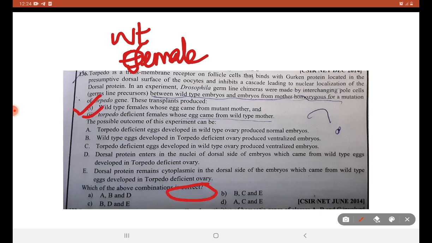First statement: Torpedo deficient eggs develop in the wild type ovary and produce normal embryos. Correct. Wild type eggs developed in the torpedo deficient ovary produce ventralized embryo.